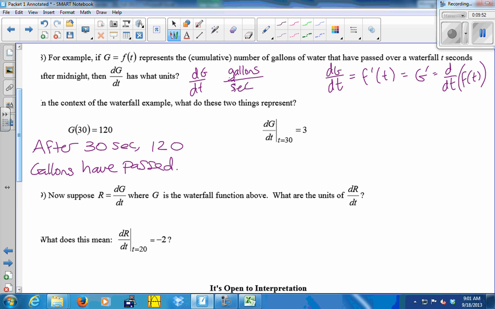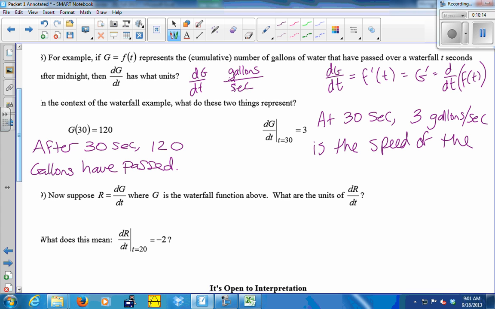What does that mean? At 30 seconds, 3 gallons per second is the speed of the waterfall. Remember, the derivative of a function is a rate of change. So we're measuring in gallons per second, and that's the rate of change or the speed of the waterfall.